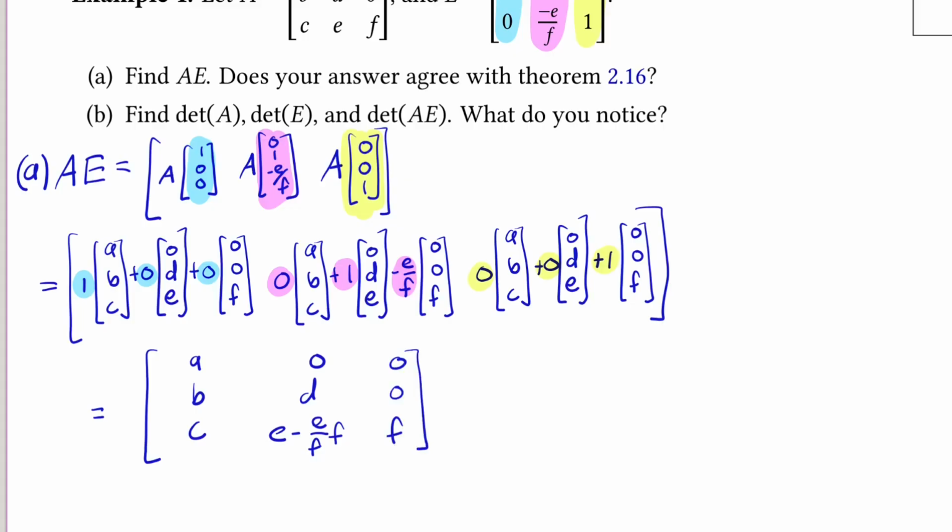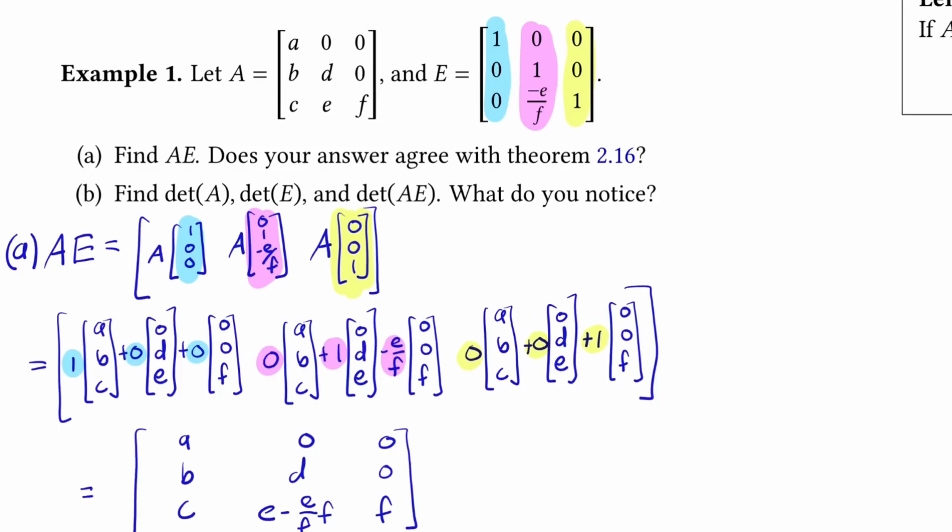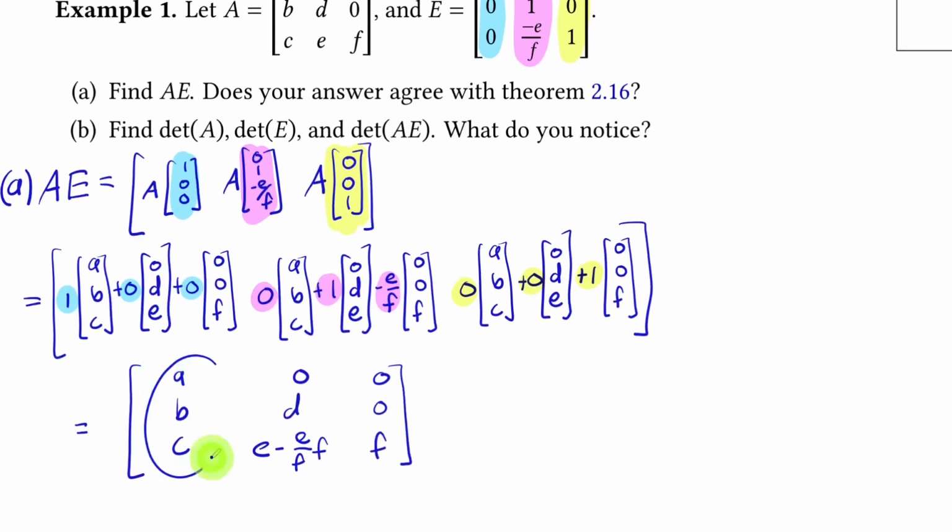And in columns 1 and 3, there's nothing really interesting happening because you're just multiplying columns of A by columns of the identity matrix, which doesn't change these results.